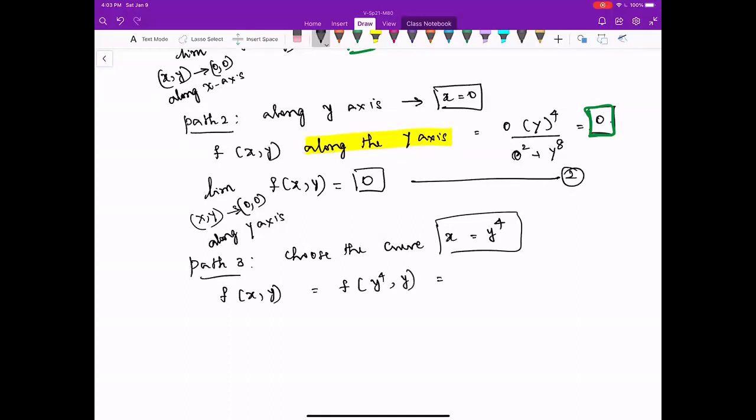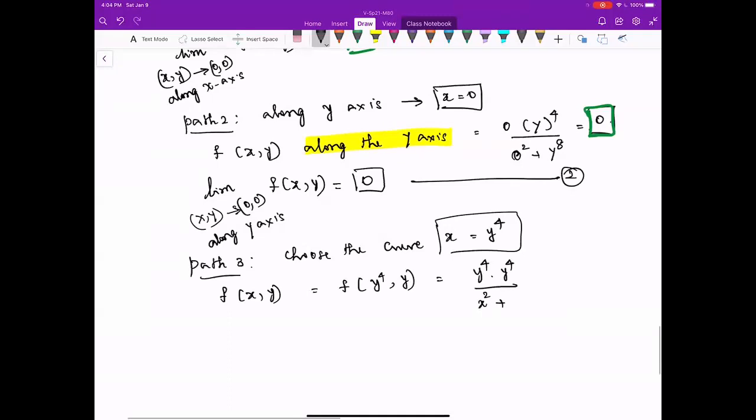If I substitute that into the given function, replacing x with y to the power 4, the given expression is x y to the power 4 divided by x square plus y to the power 8.